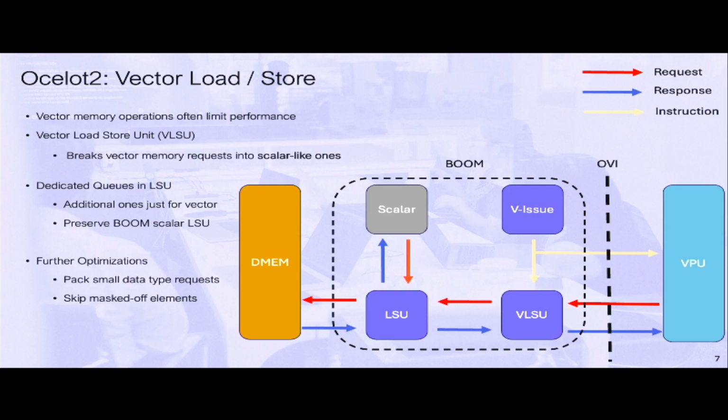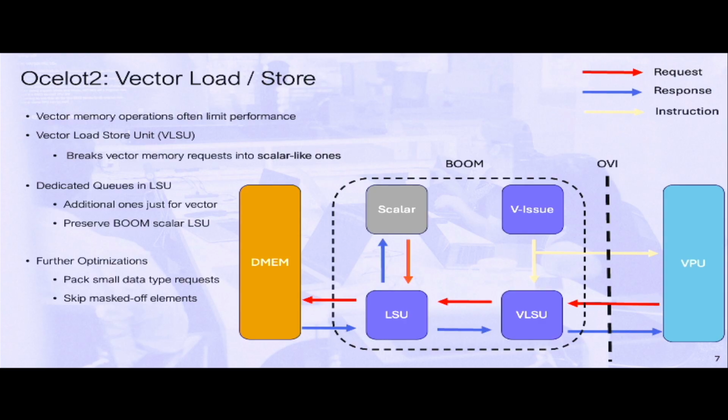In Ocelot 2, we focus heavily on optimizing vector load store handling. The vector load store unit, VOSU, is shown in the diagram on the right. The VPU issues a vector memory request and it's broken down by the VOSU into scalar-like accesses, allowing them to integrate seamlessly with scalar requests through the original load store unit of the Boom core.